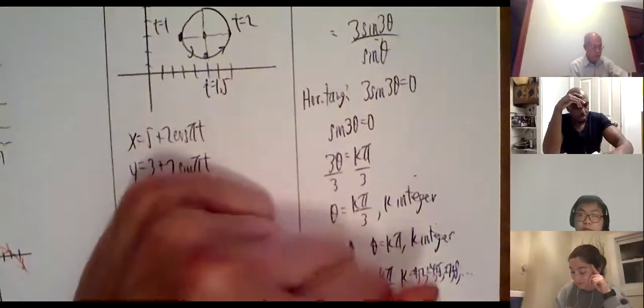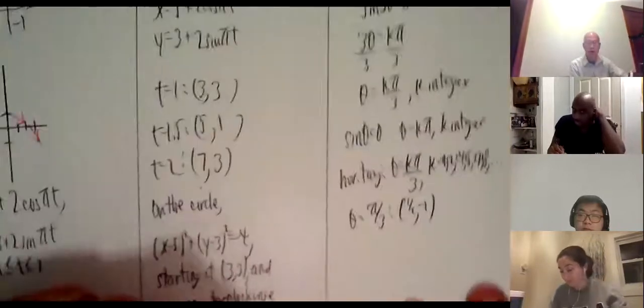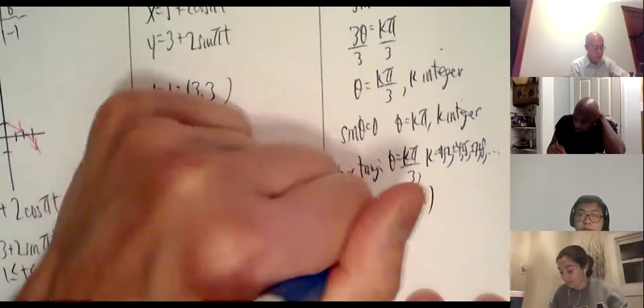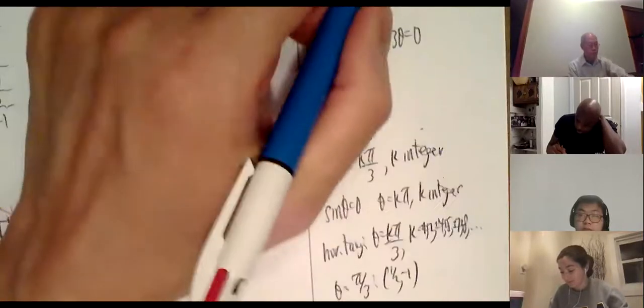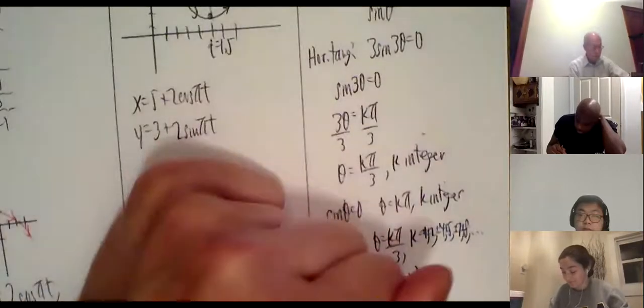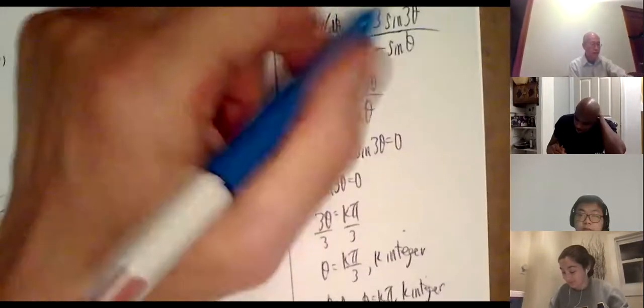Cosine of pi over 3 is 1/2, and that would be cosine of pi, so (1/2, -1). Theta is 2 pi over 3, that would be -1/2.